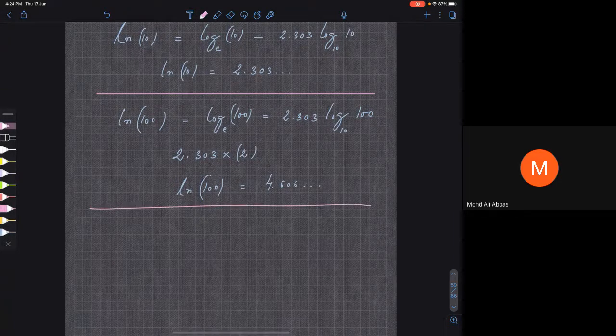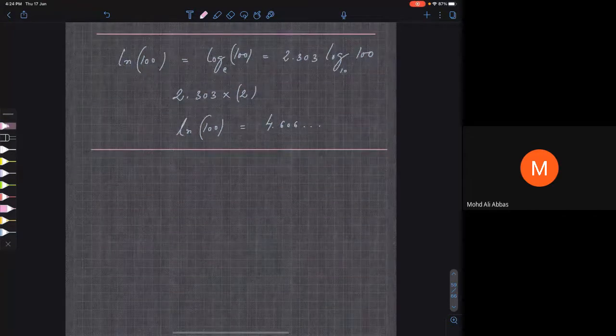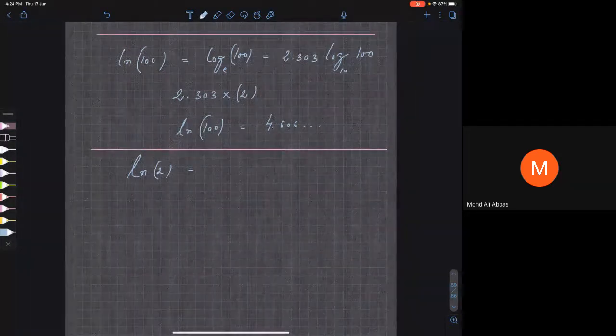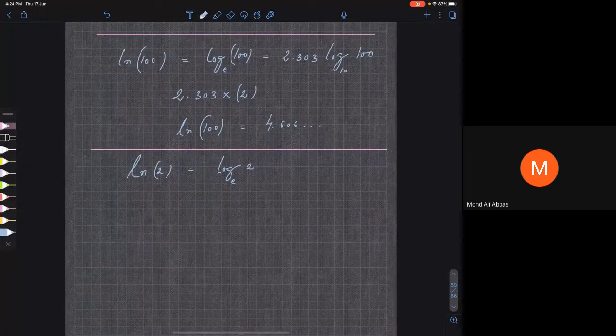Next question I will ask you, you tell me what to do. If I ask you what is natural log of 2, this is a very famous number. Later you will realize that this will be very common in chapters of nuclear physics and nuclear chemistry. Now tell me, what should I write this as? Log 2 to the base e.